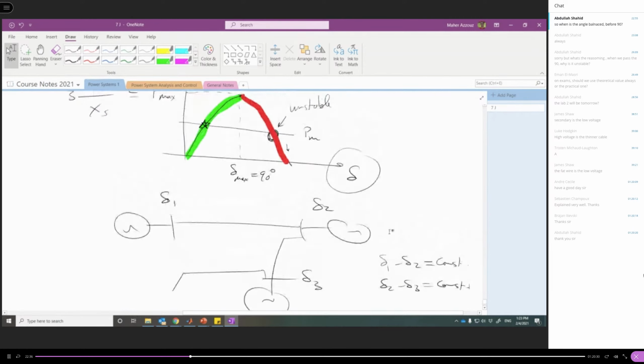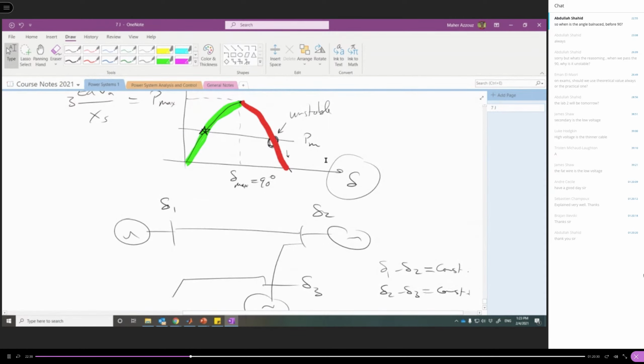But if one generator loses synchronism, then its angle will be bouncing, and this difference will no longer be stable. So this is the meaning of synchronism.